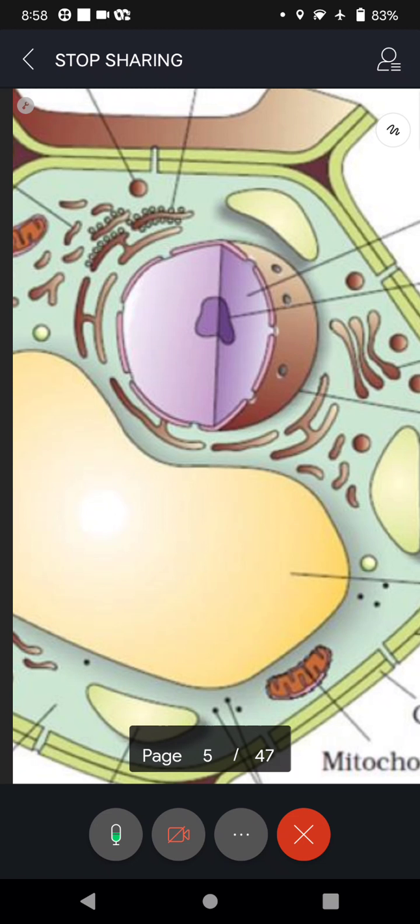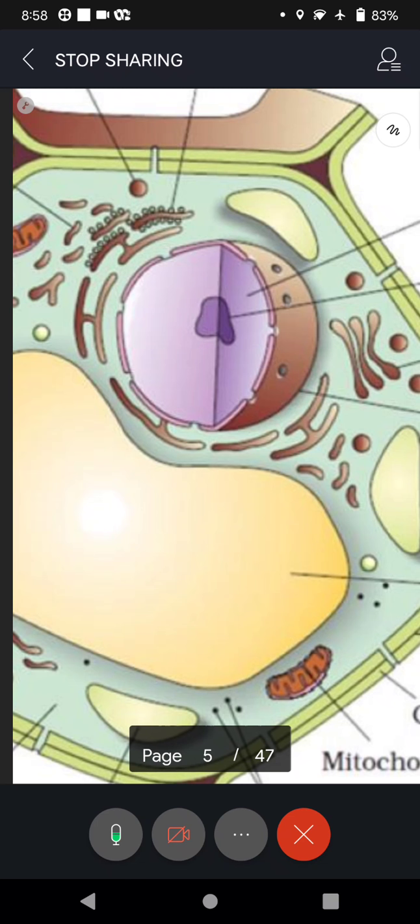That means if ribosomes are present on the surface of the endoplasmic reticulum, it becomes rough. Hence, we have 2 types of endoplasmic reticulum: smooth endoplasmic reticulum without ribosomes, rough endoplasmic reticulum with ribosomes.